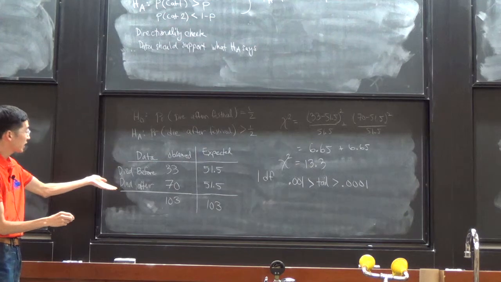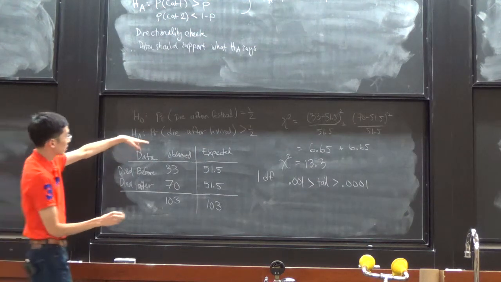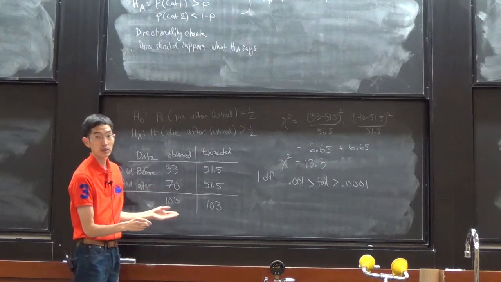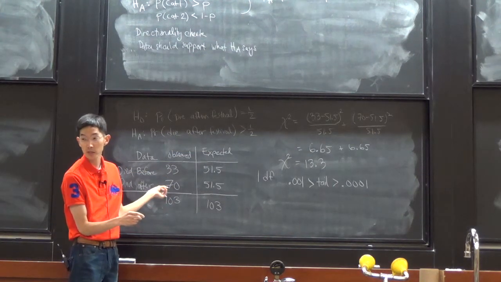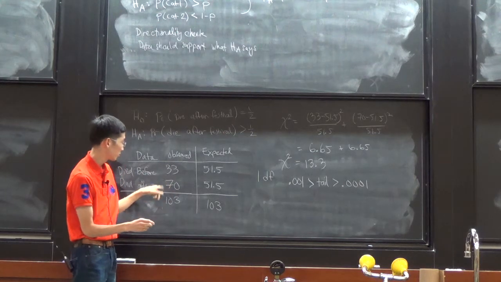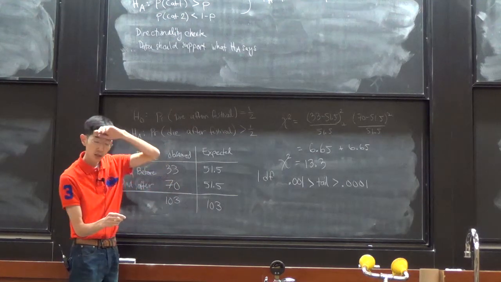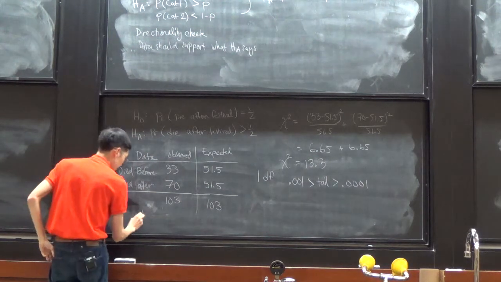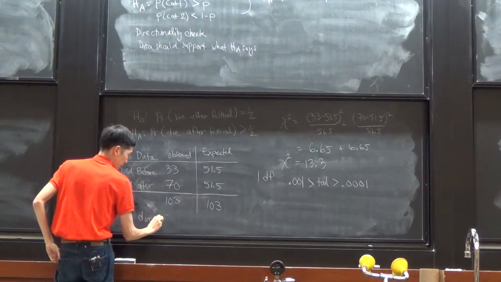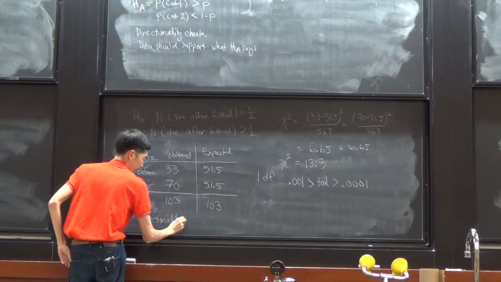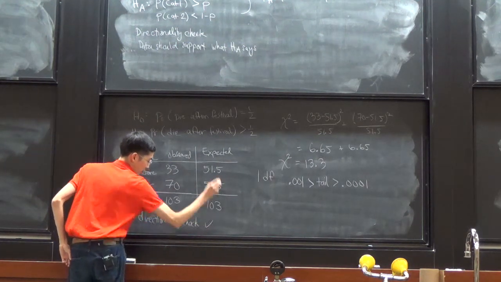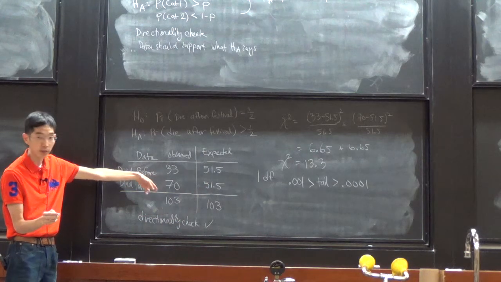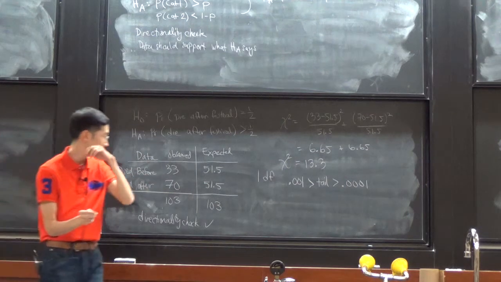When I do my directionality check, we want to see, is the proportion that die after the festival greater than 1/2? And we see yes, it passes the directionality check. What we observe is indeed over 1/2. The proportion that died after the festival is greater than 1/2 in our observed data.